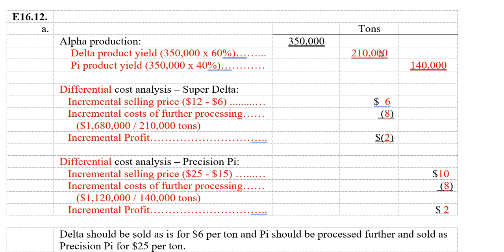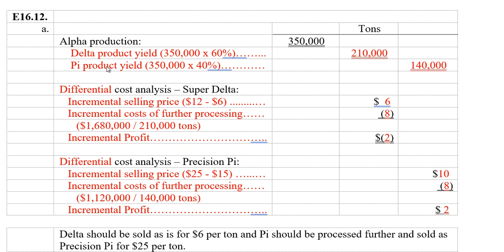So all we're doing is making a column for delta and for pi, taking part of this total tonnage and separating the two. Because in part A, it asks us, should delta and pi be sold as is, or should we refine these two products even further?